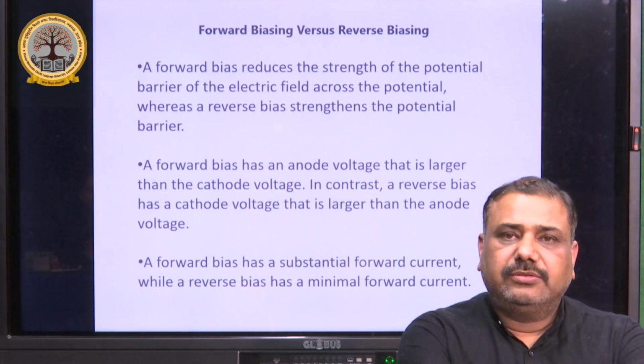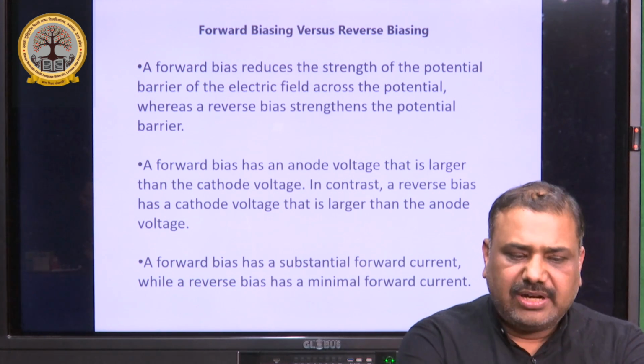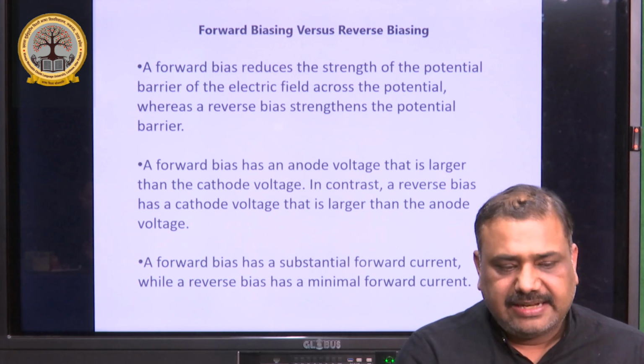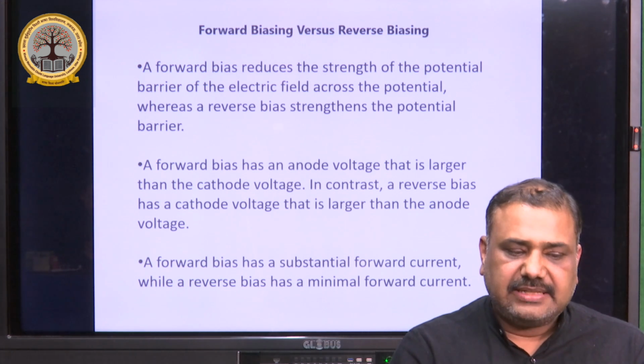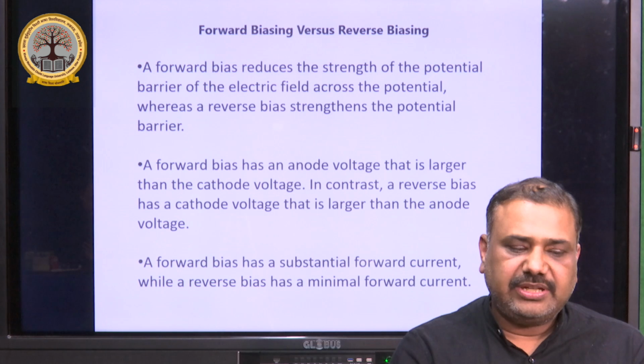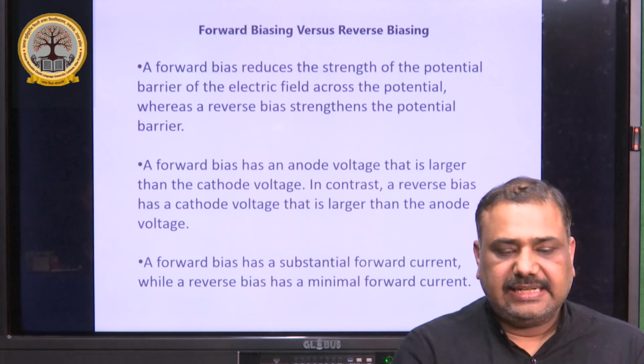Now I just want to tell you the difference between forward biasing and reverse biasing. A forward bias reduces the strength of the potential barrier of the electric field across the junction, whereas a reverse bias strengthens the potential barrier. A forward bias has an anode voltage that is larger than the cathode voltage.